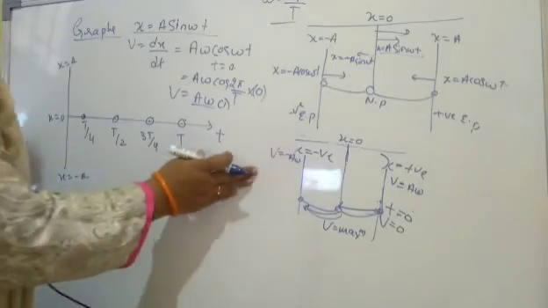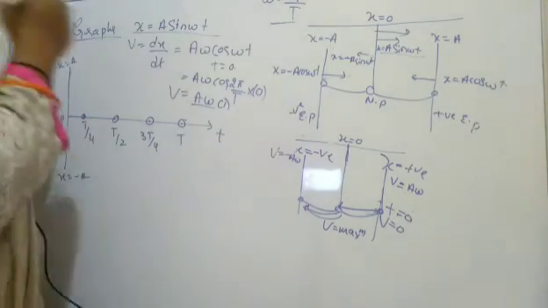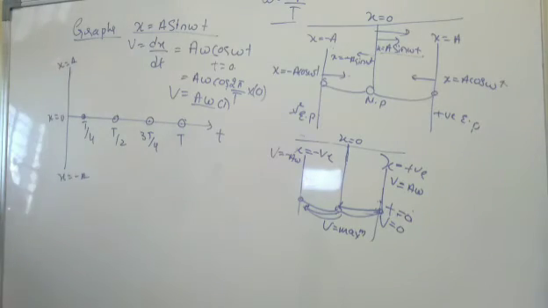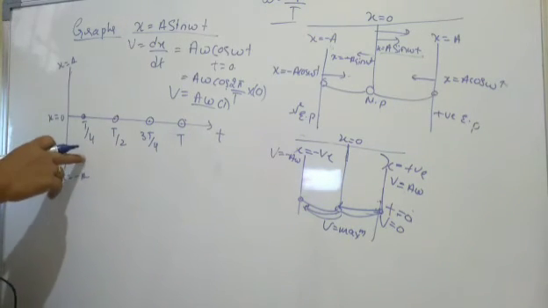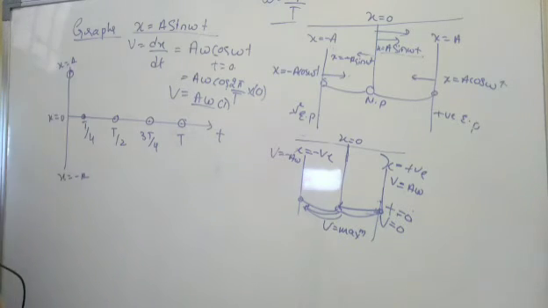We have a condition for when it will be negative and when it will be positive also. So at time t equal to 0, x is at the 0th condition, so the velocity will be maximum at t equal to 0.